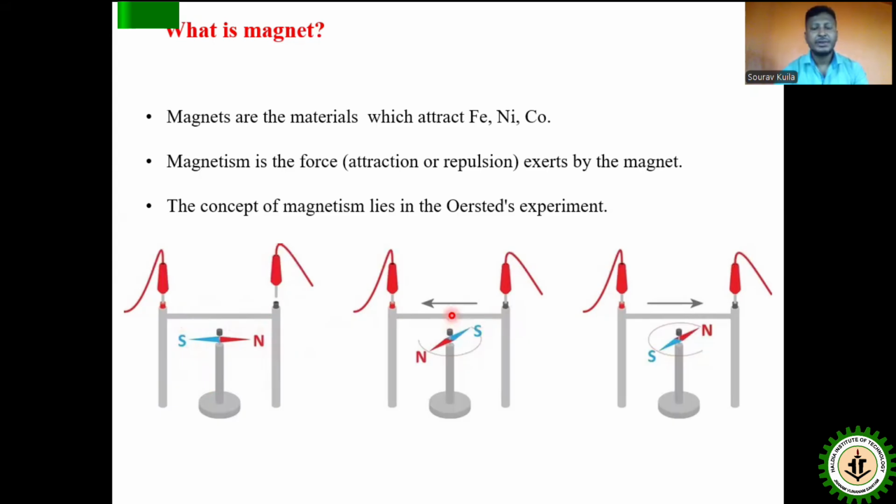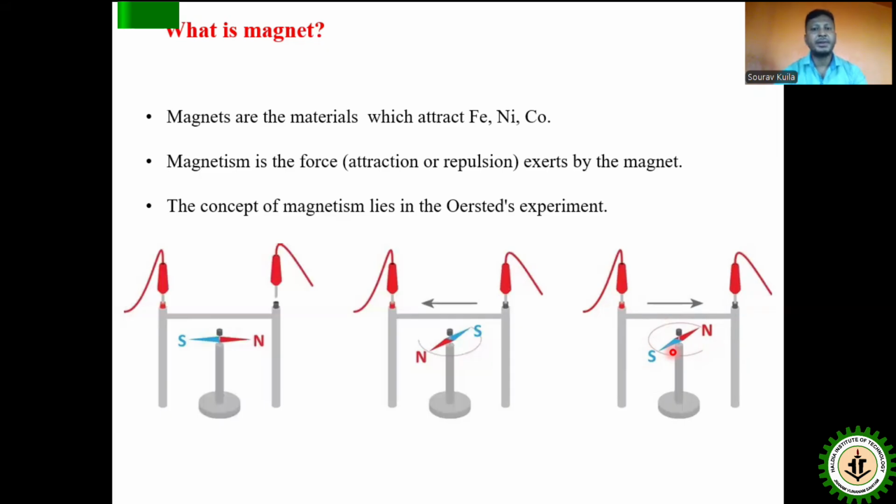In the second image, you can see that while a small current is flowing through the wire, there is a small deflection in the magnetic needle. And in the third one, if the current direction is reversed, then the deflection of the magnetic needle also gets reversed.